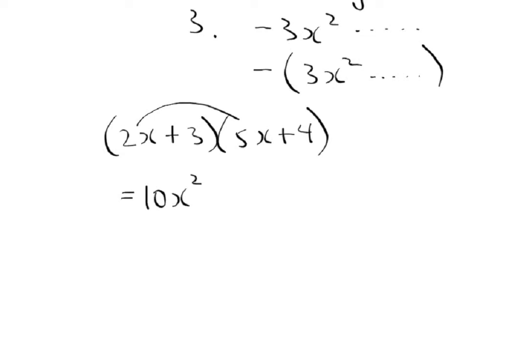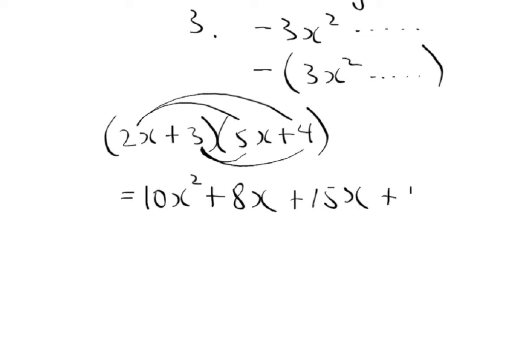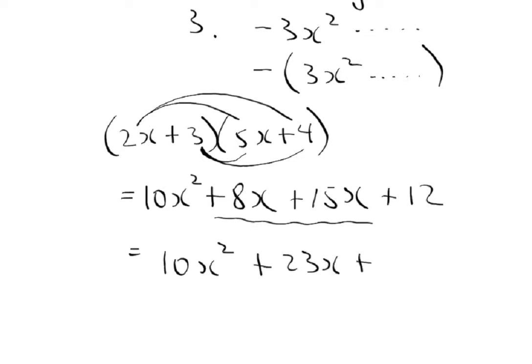In this case, it would be 10x squared, then plus 8x, and then plus 15x, and at the end plus 12. And of course we'd put our two middle terms together, and this would be what the trinomial in the original question would look like. The question would say factor this trinomial, 10x squared plus 23x plus 12.